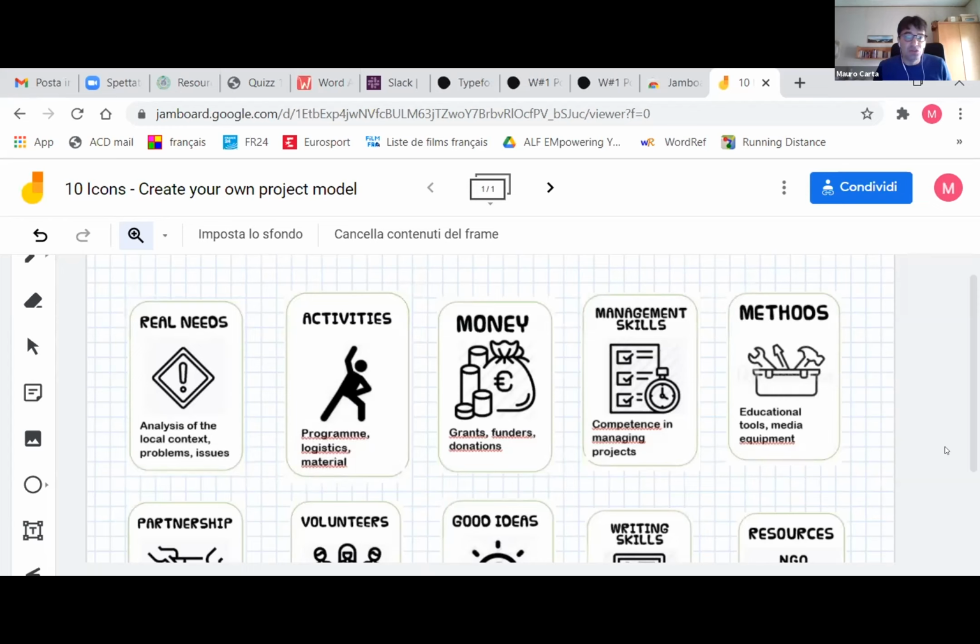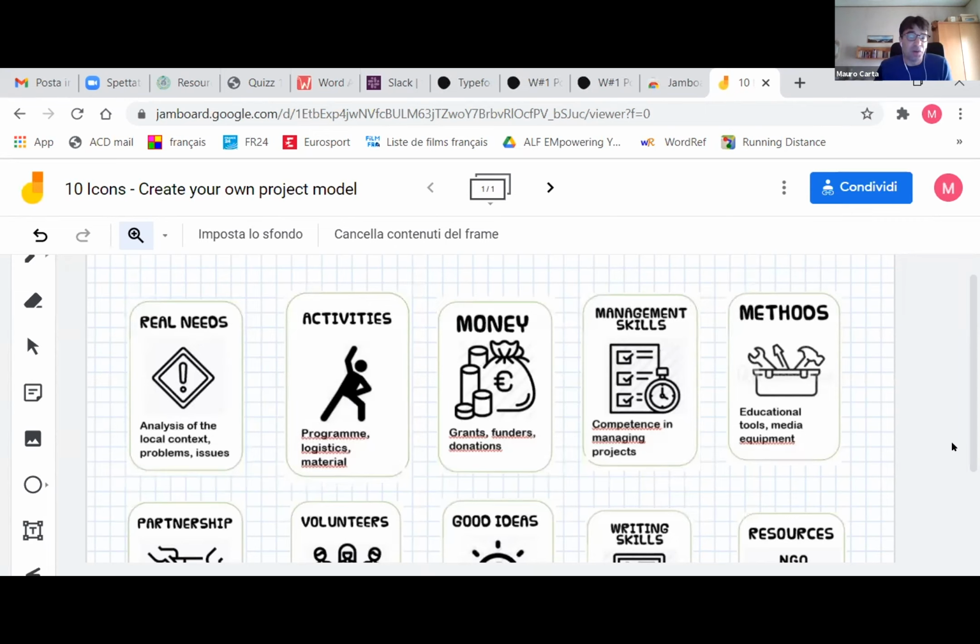Another element to take into account when creating projects is the activities. Of course, when we're talking about activities, we refer to activities like this one, like an online webinar, for example, but in normal times without a pandemic, we would be talking about residential training, work camps, or street actions, whatever.